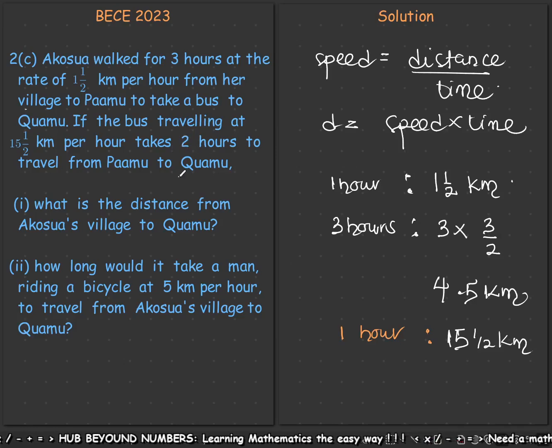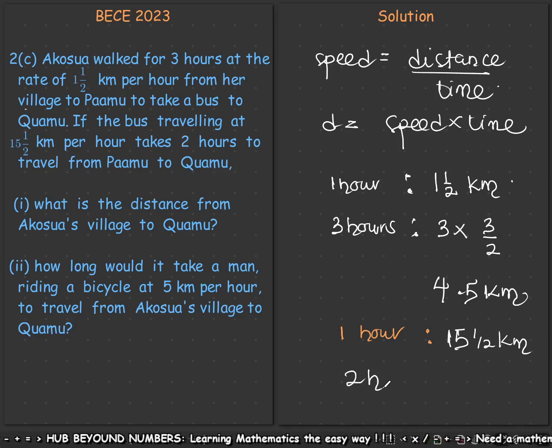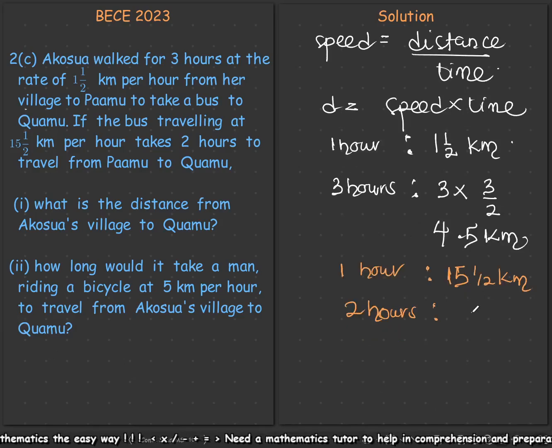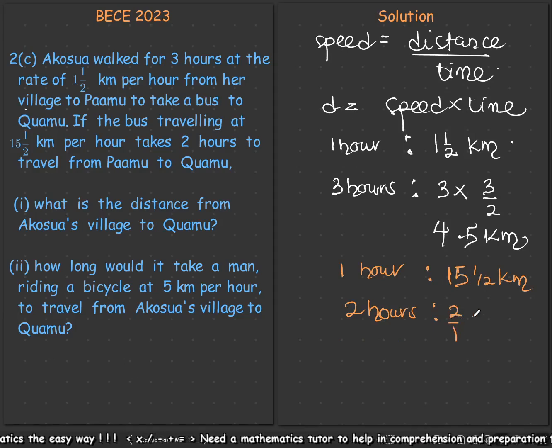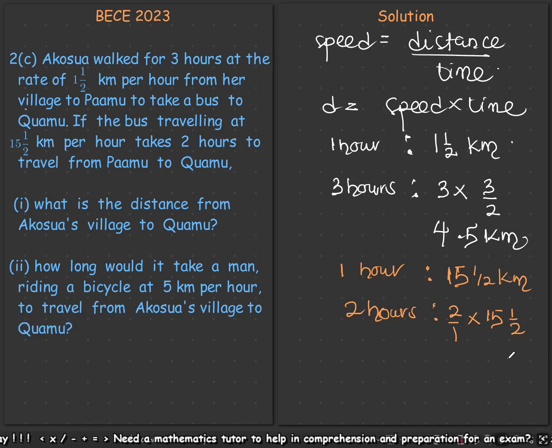It says 2 hours. So 2 hours is also going to be more, and if more, let's multiply. So 2/1 times 15.5, which is 2 times 15.5. You are going to get 30 and 1, so that is 31 kilometers.